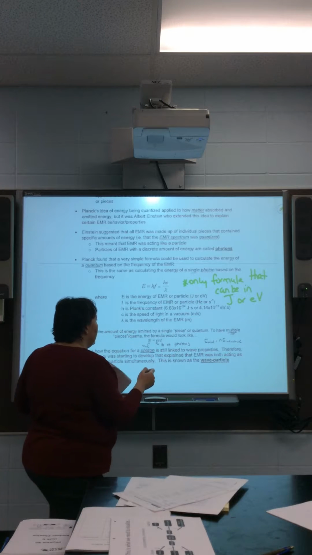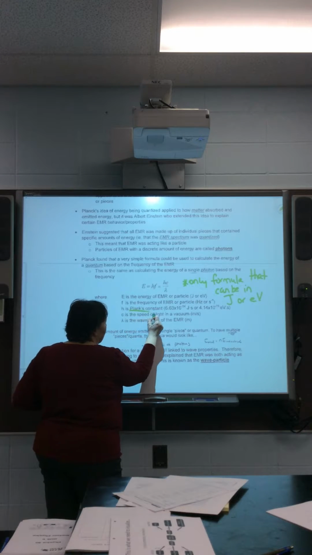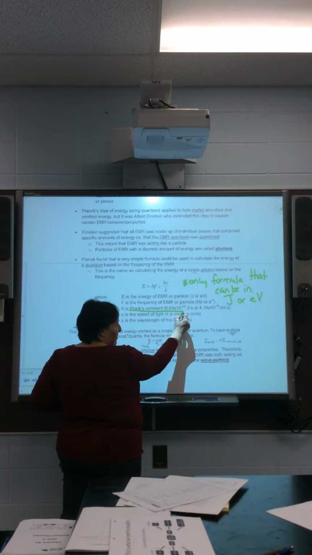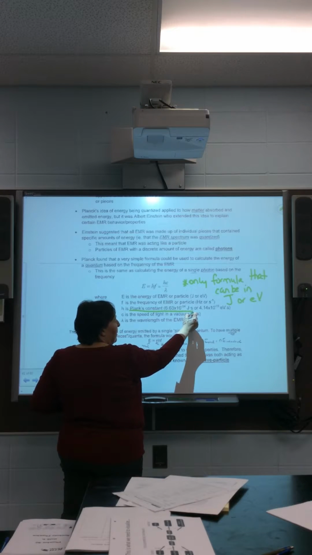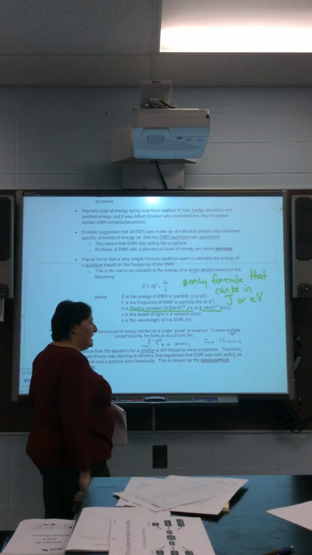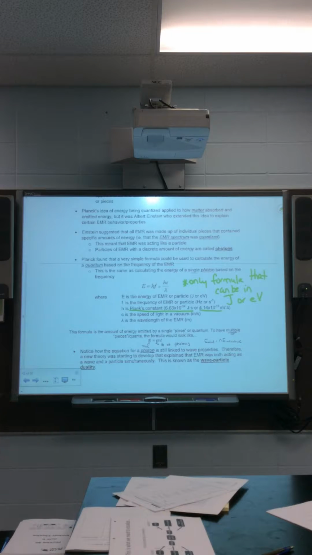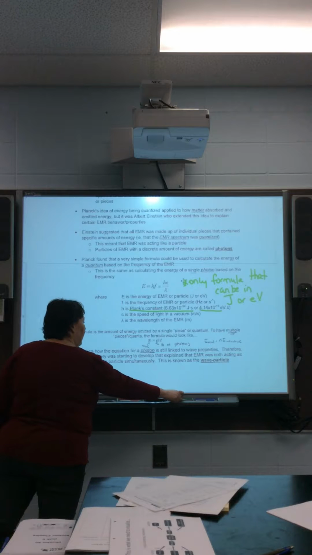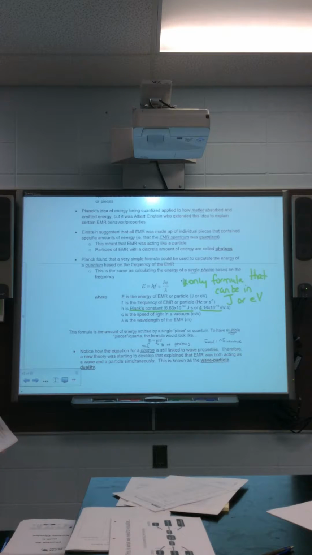It's the only one. Because of Planck's constant here, where we have 6.63 times 10 to the negative 34 joule seconds, or 4.14 times 10 to the negative 15 electron volt seconds. So that's really important that you remember this, because when we get further into the course, we'll see that others can't have that opportunity.